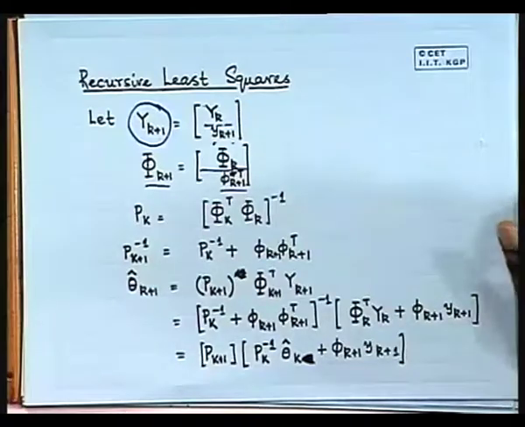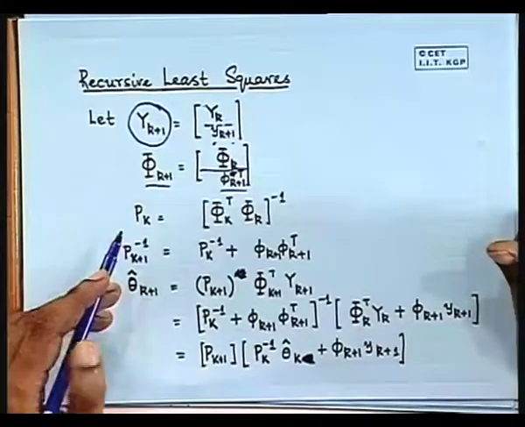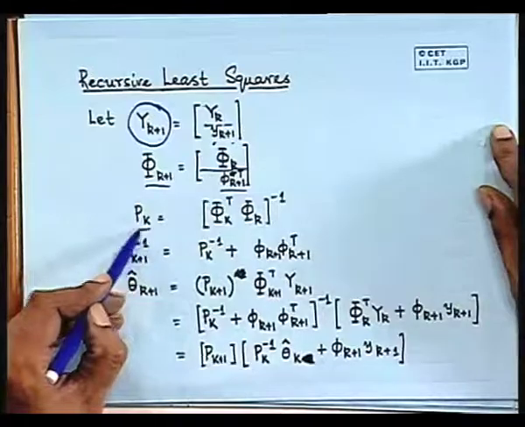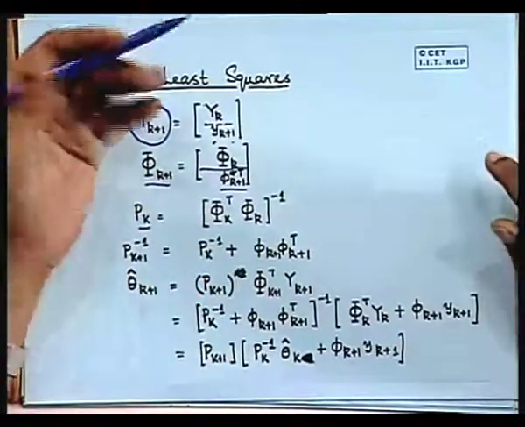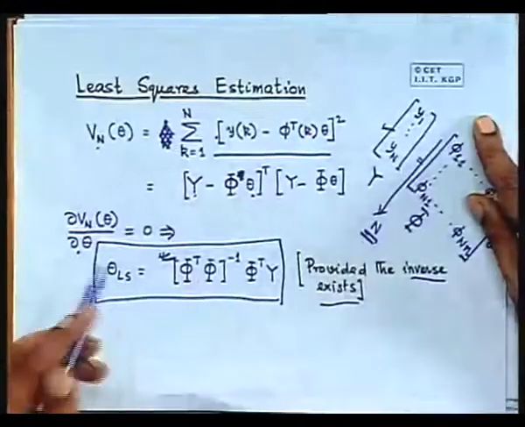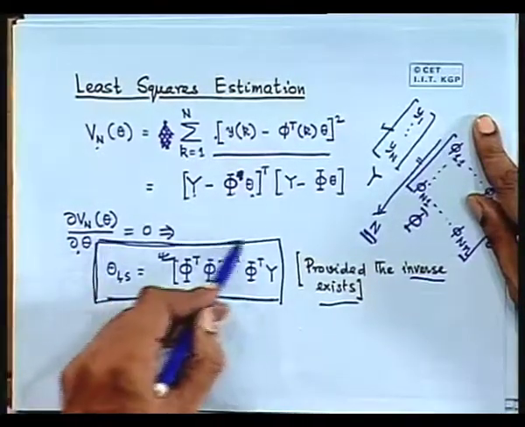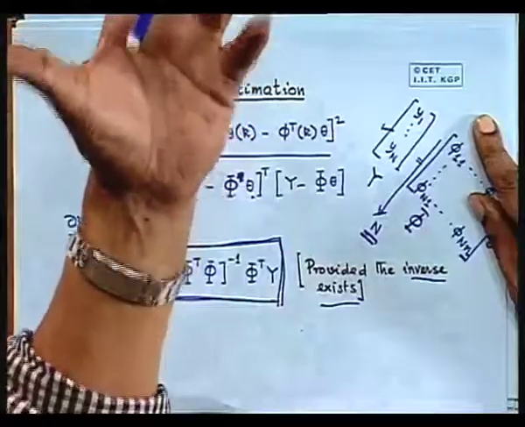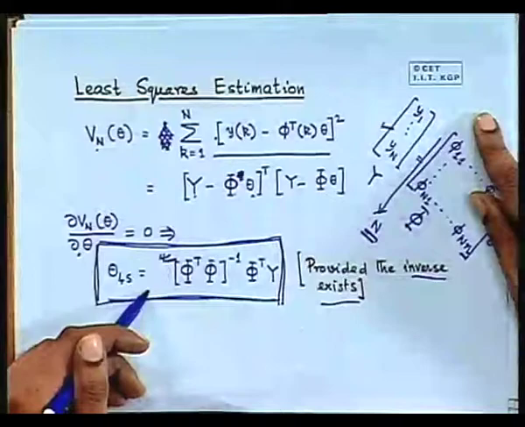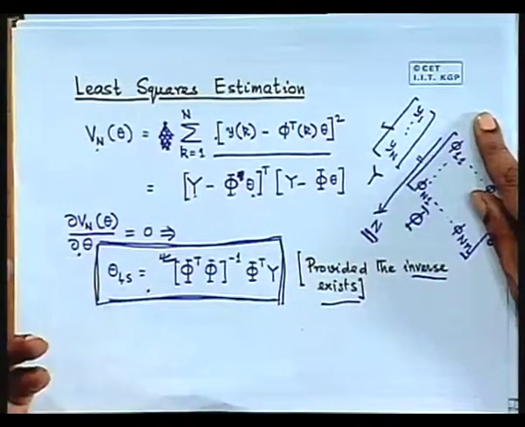Correct? Theta is the same. So if you define Pk, basically we have to find out that if you have already computed this solution for k sets of data, how I can use that solution and make a little update so that I get the same solution for k plus 1 data without really recomputing this equation. That's what I am trying to do.